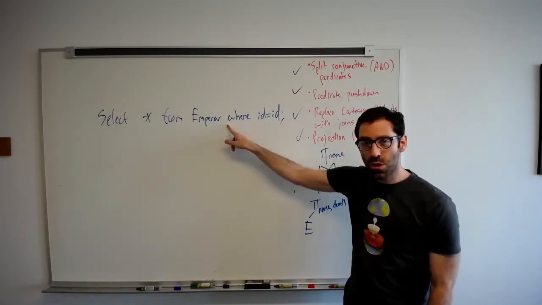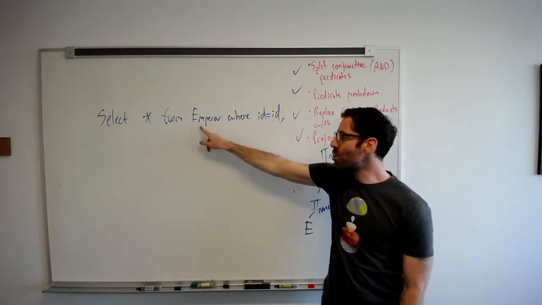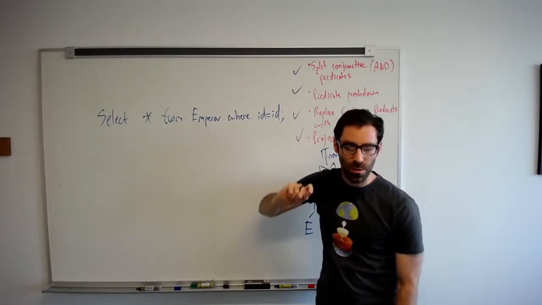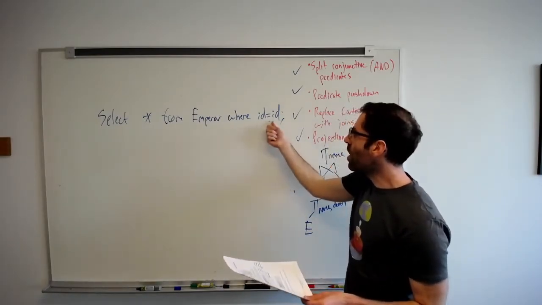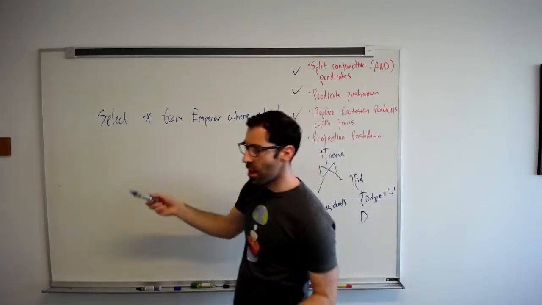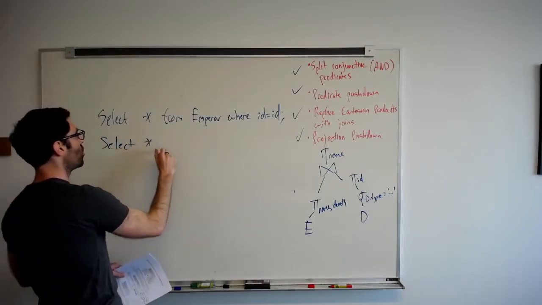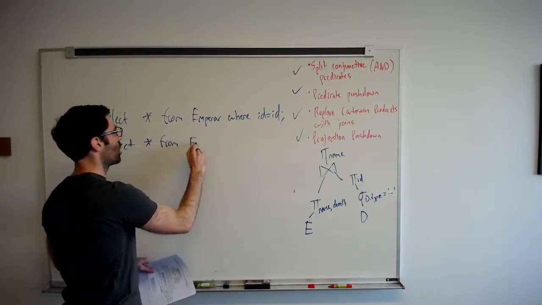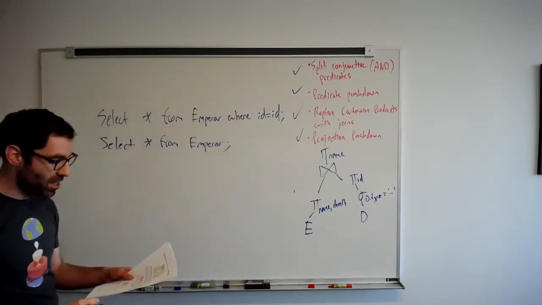It's no use doing the extra work of applying this predicate to every tuple from our emperor table. And so this would be one where the predicate could be identified as unnecessary, and then the actual query that the database would execute would just omit that predicate entirely.